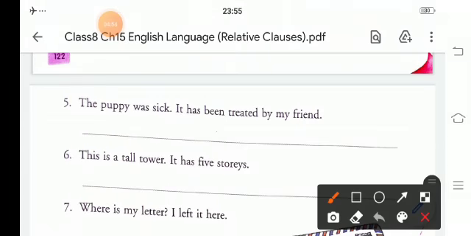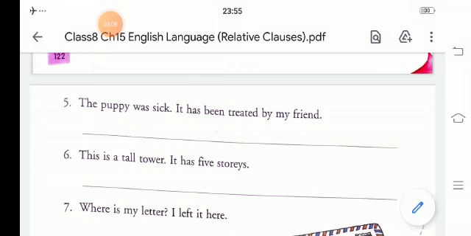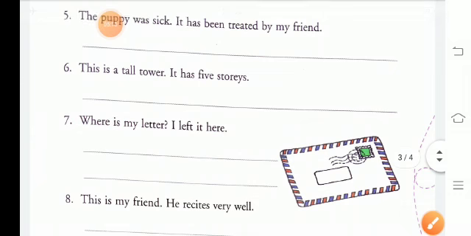The fifth one: the puppy was sick. It has been treated by my friend. The puppy was sick who has been treated by my friend. This is a tall tower. It has 5 stories.